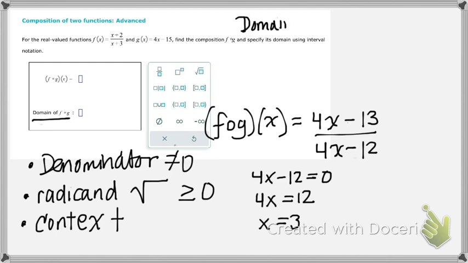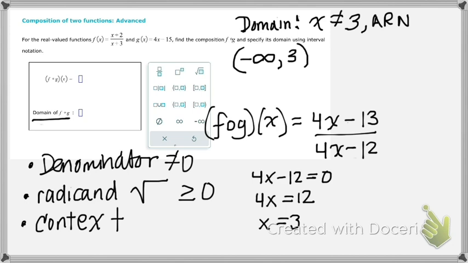So instead of saying the domain is x does not equal 3, or all real numbers except 3, we use interval notation, where we go for values of x from negative infinity up to 3, but not including 3.